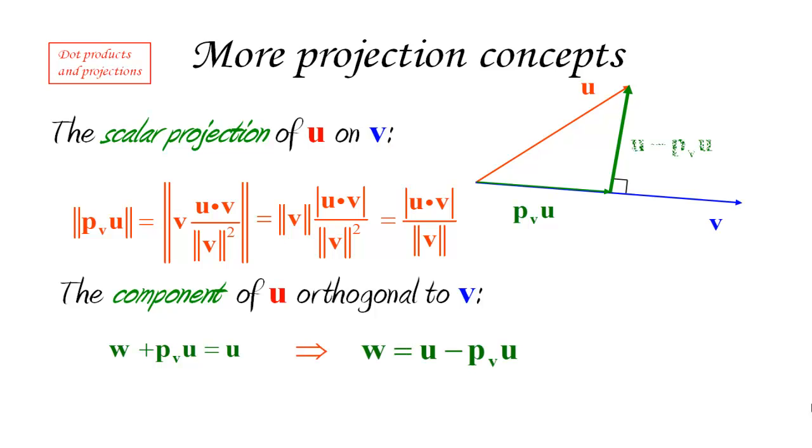And therefore, that means that this component of u orthogonal to v is just given by the vector u itself minus its projection. Okay? So again, it's a little number crunching, not a lot to do with it for now, but it will come in handy later on for some applications. So just keep it in mind for now, play with it, compute it a few times just to get familiar with it.